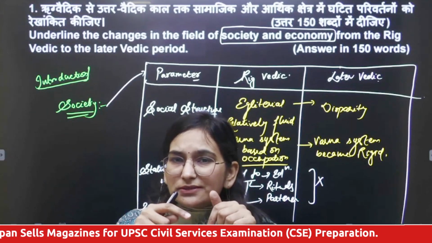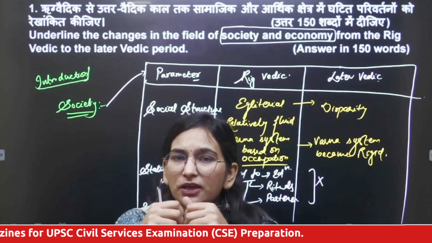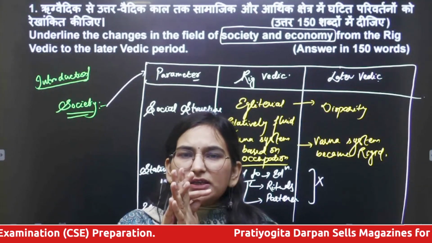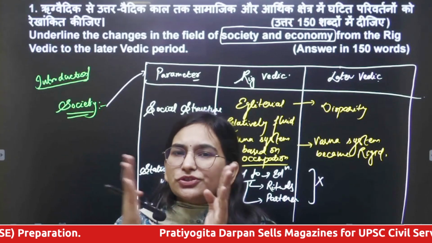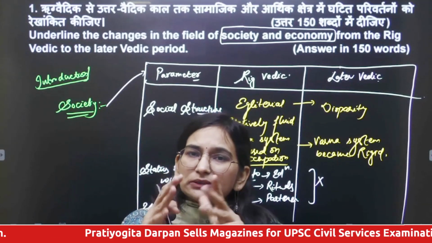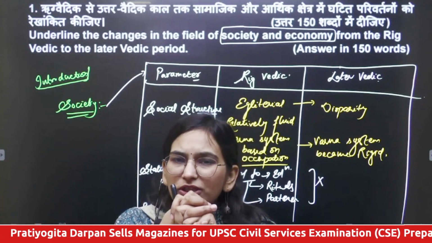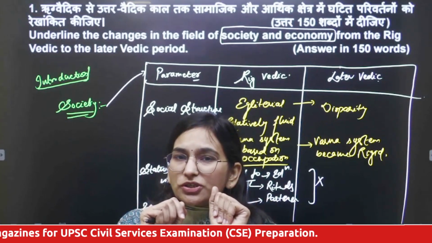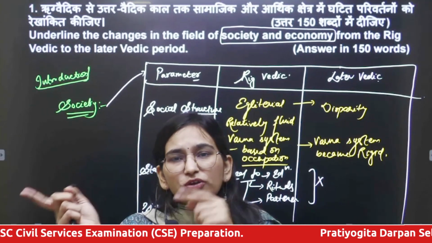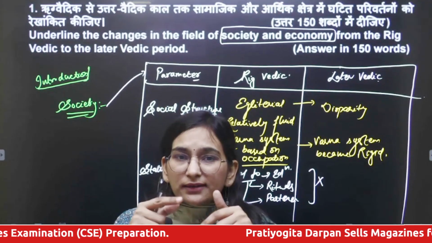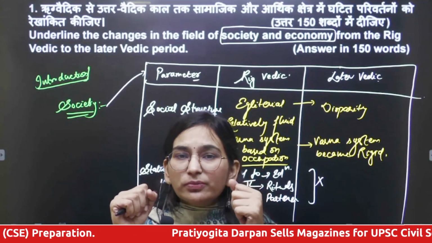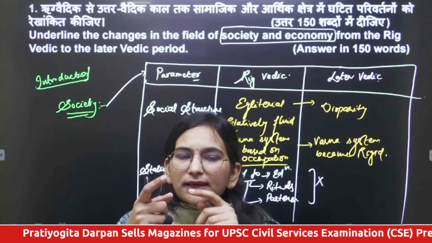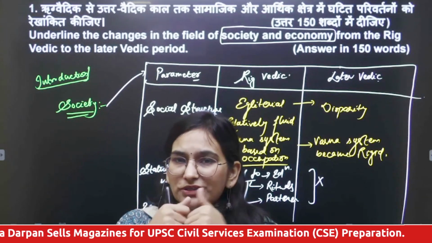There were assemblies like Sabha and Samiti. They were assisting the Raja, and then the Raja would take the decision. It was not the sole decision of the Raja, but the thing would change. Why are things going to change? We have discussed that there would be surplus production. Surplus production would lead to an increase in trade and commerce, and the Raja would get more and more revenue, and that is how the economy got strengthened.